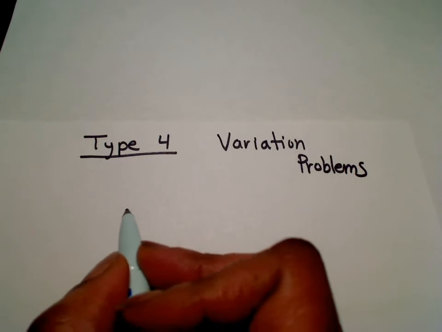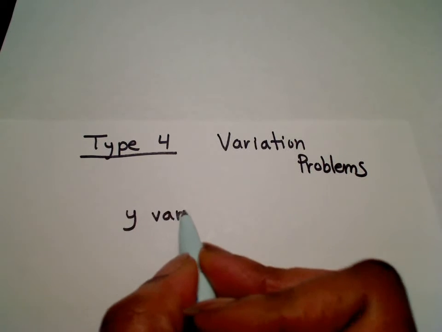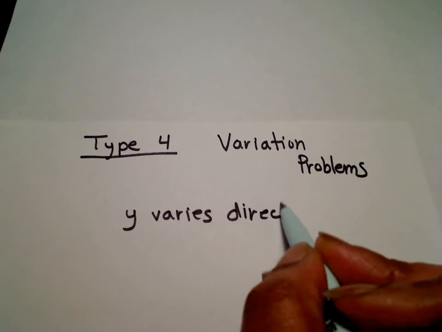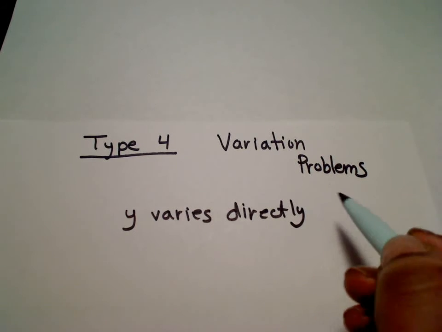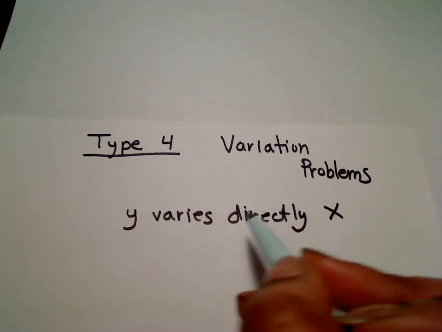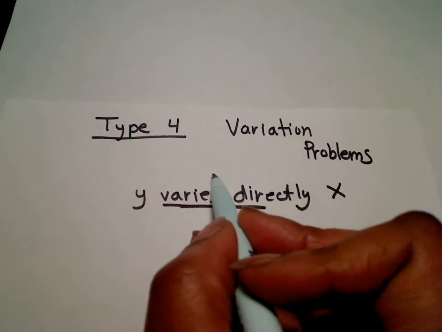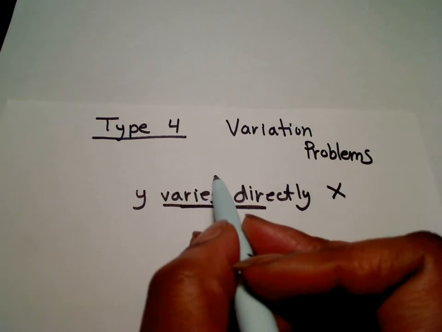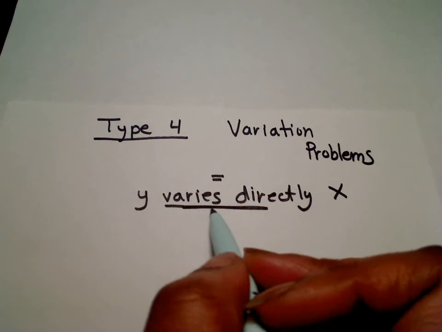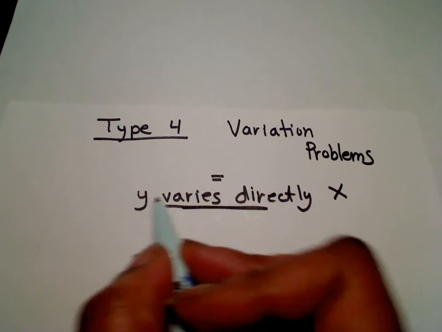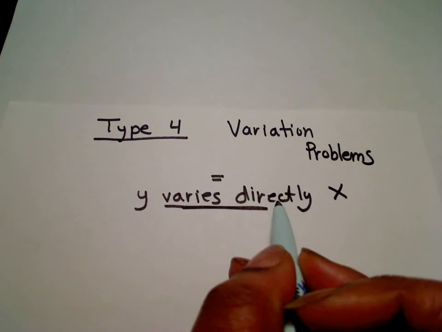One is whenever you have y varies directly with x. When you see the word varies, that's where you can put your equal sign to separate the two sides of your equation.